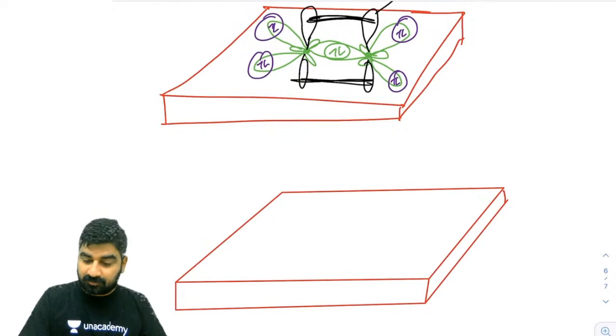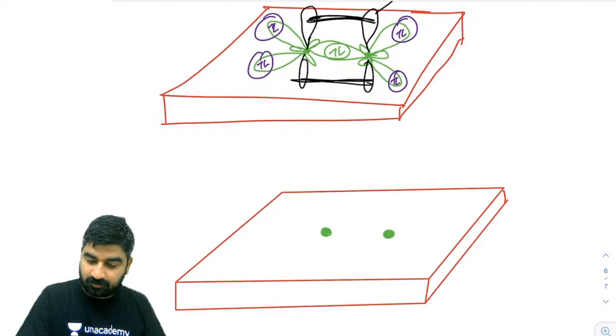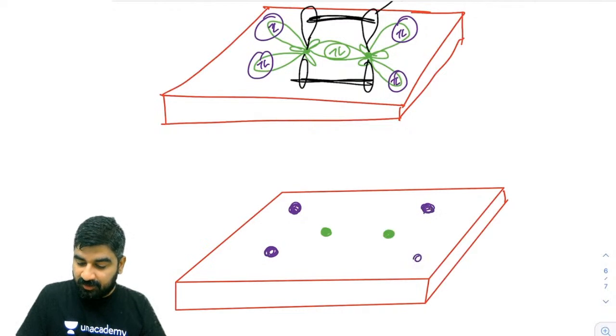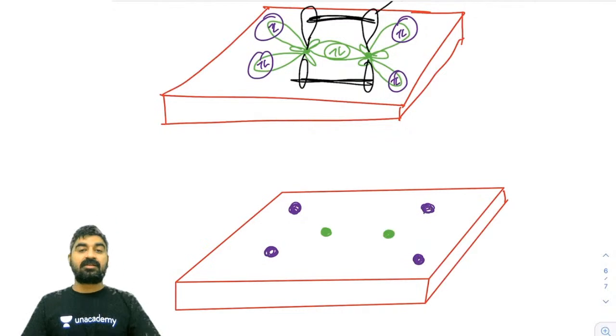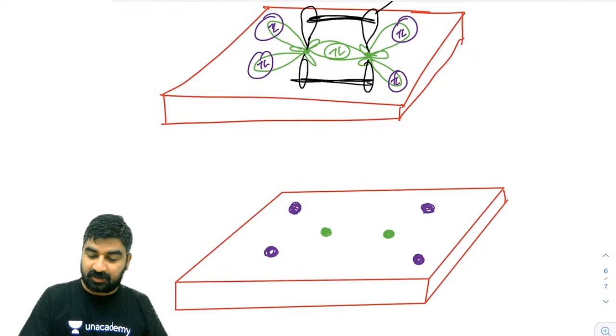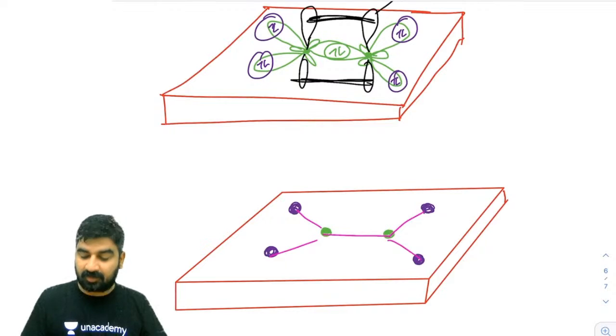here we are having one carbon, and hydrogen, hydrogen, hydrogen, and hydrogen. Okay guys, these six atoms will be in the same plane, connected by a single bond, right?